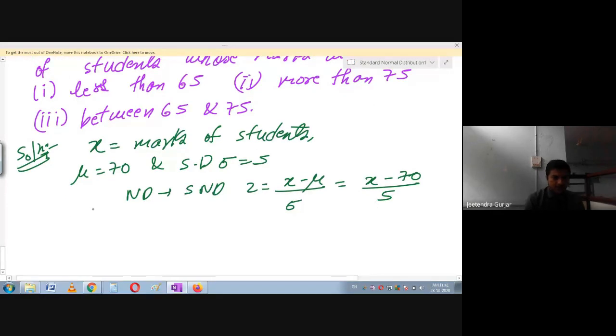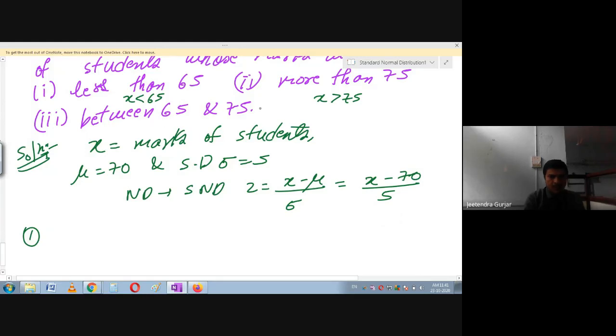I can see in the first one it is very clear that less than 65 means our random variable x is less than 65. Similarly, what is your random variable? More than 75, so x is greater than 75. Now you can see it is between 65 and 75.